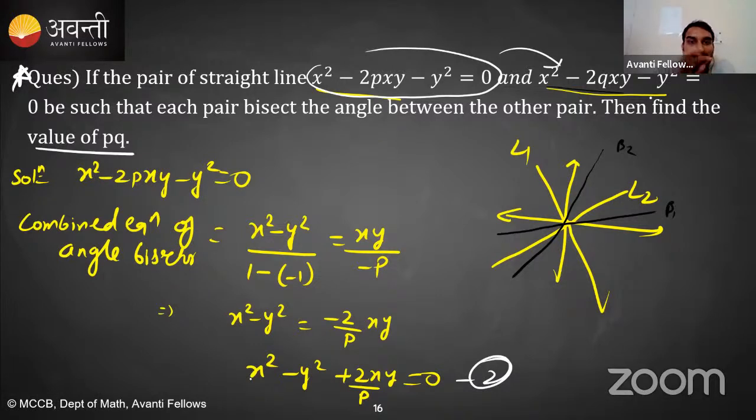Each pair of lines is the angle bisector of the other pair. So first, from our knowledge, we find the combined equation of the angle bisector, but the combined equation of the angle bisector is already given. So we just need to compare the coefficients of xy, x square and y square to get the value of pq.